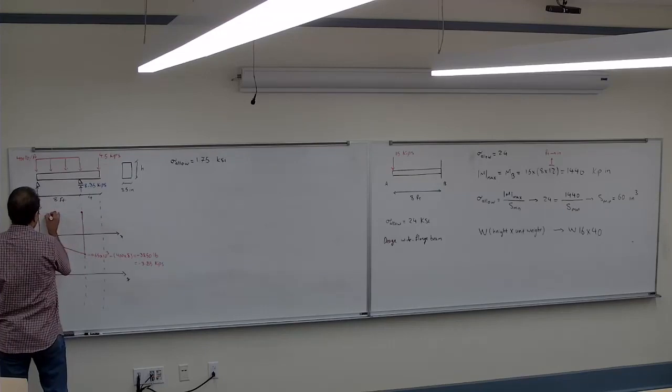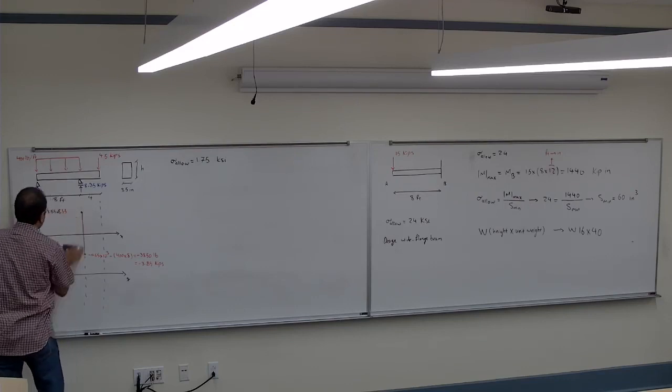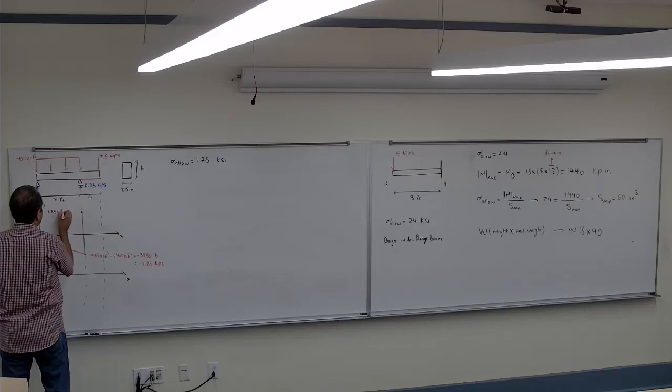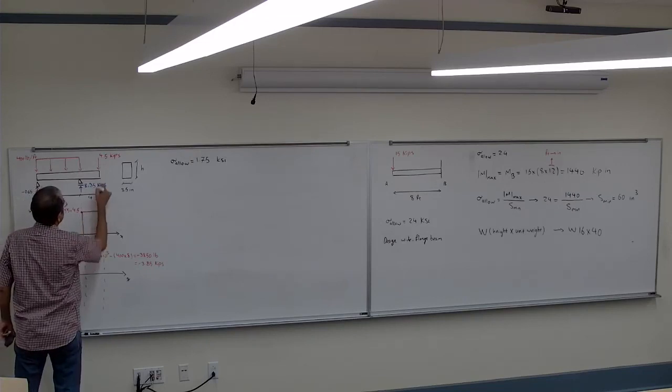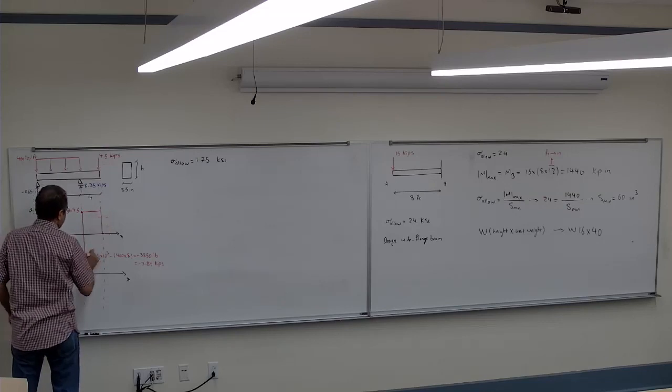So negative 3.85 plus 8.35 is 4.5. Yeah. And then it's gonna stay constant there. It gets to the concentrated load, which pushes it down to 0.